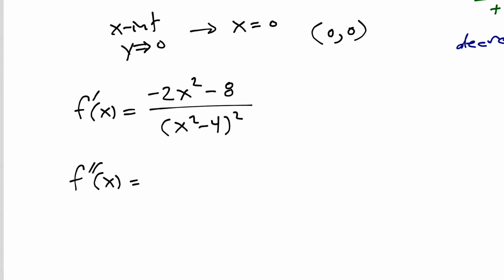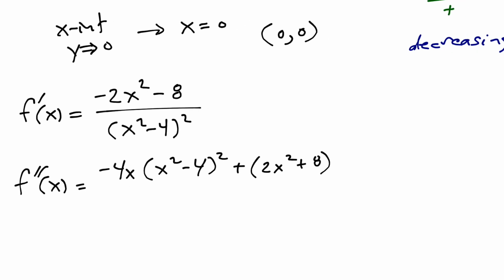The derivative of the numerator is negative 4x times the denominator. And then I want to subtract the numerator as it is, which I can factor out that negative to create a plus 2x squared plus 8.